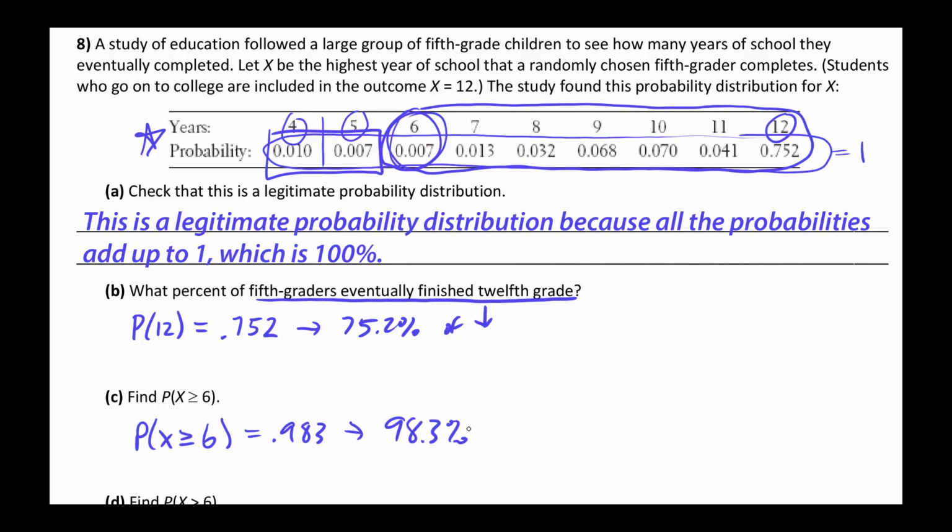The idea behind that is 98.3% of students finish 6th grade or higher. Now, if you're doing a report on schools, that would be a good thing. If 98.3% of students finished 6th grade or higher, that means they are continuing on in their education.